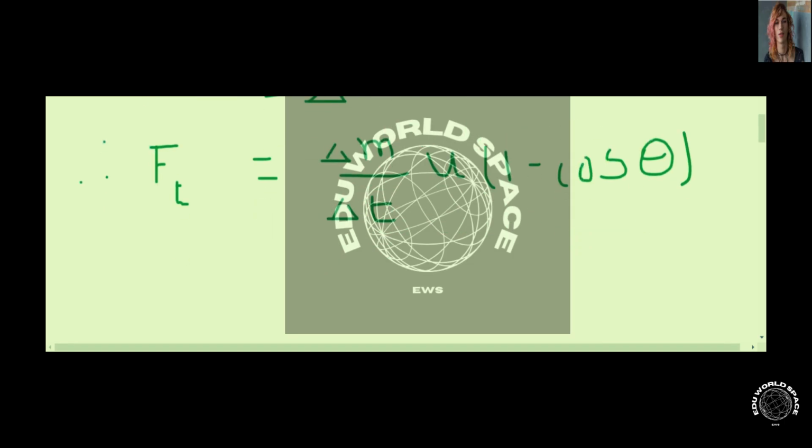But as we know, the mass rate equation is rho into A into V_A. So instead of dm upon dt, let's write rho A V_A, where rho is the density and V_A is the velocity at point A, times V_A minus v.